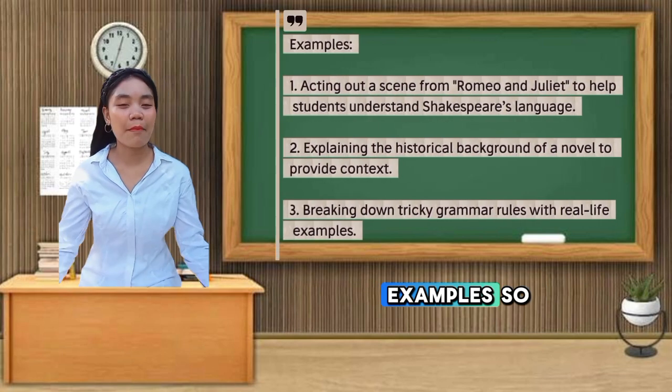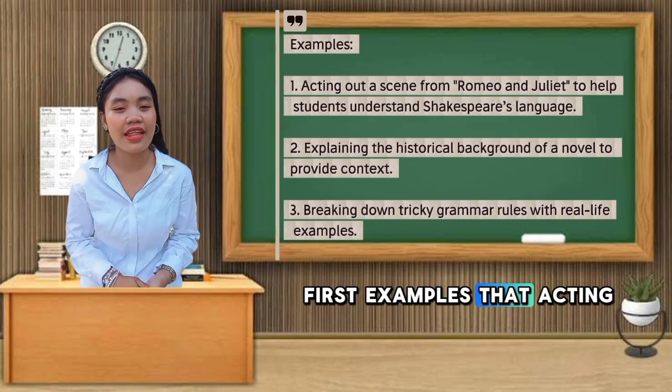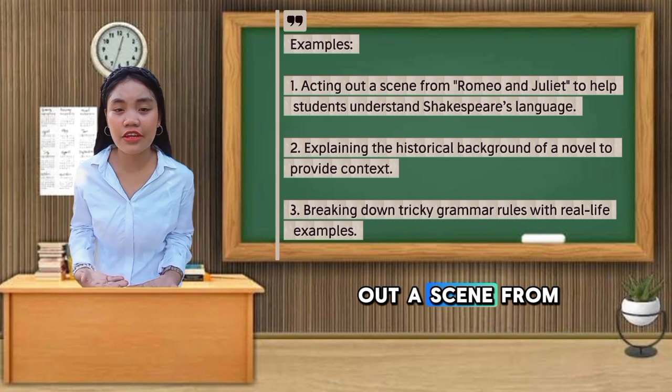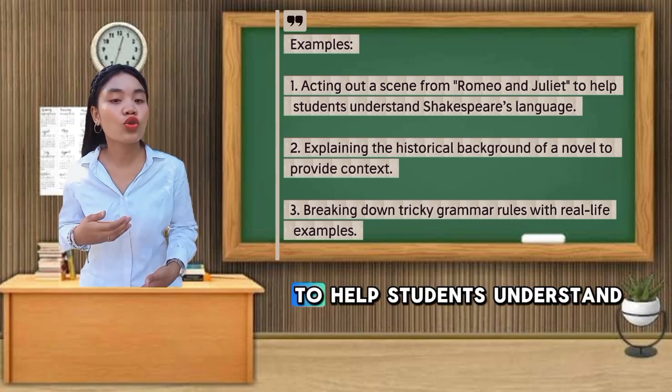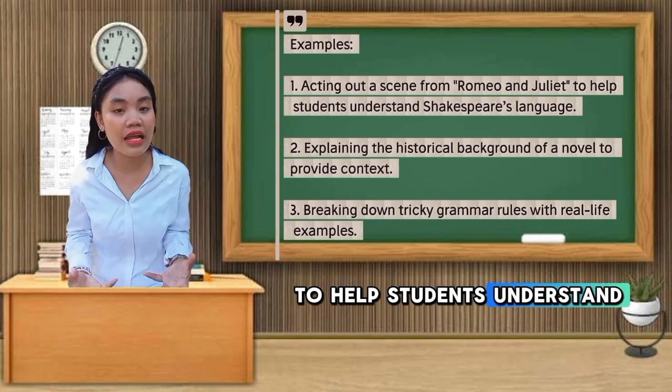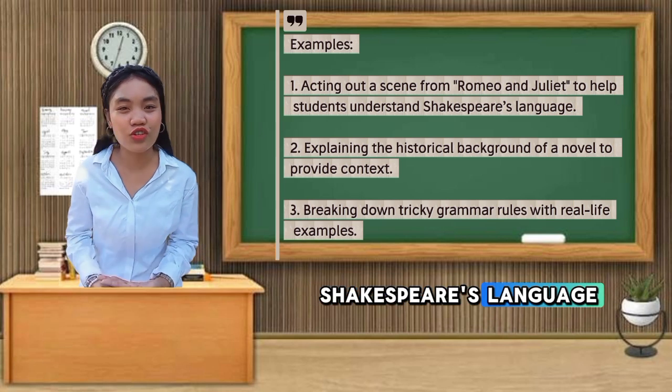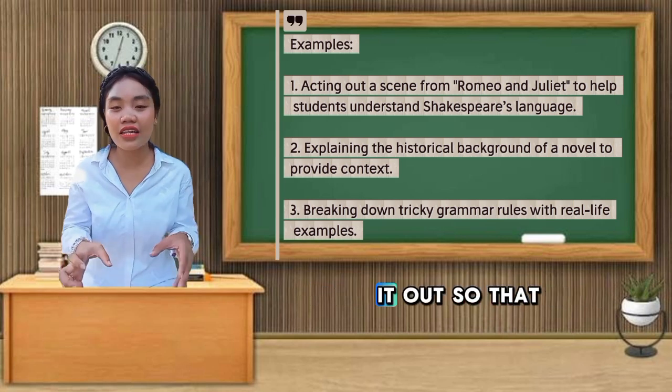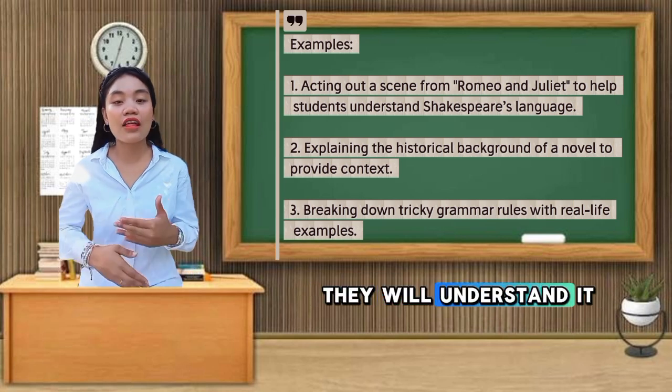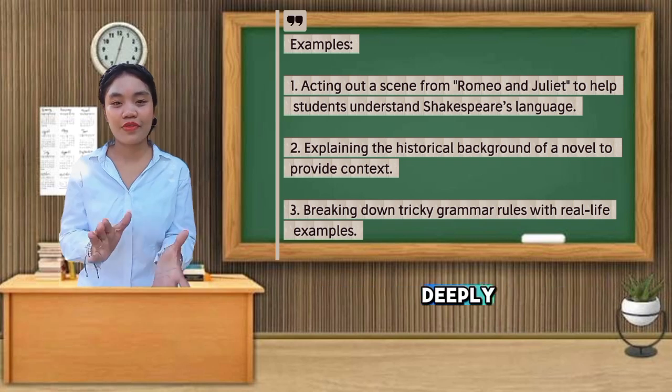We have examples. First, acting out a scene from Romeo and Juliet to help students understand Shakespeare's language. The students will act it out so that they will understand it deeply, right?